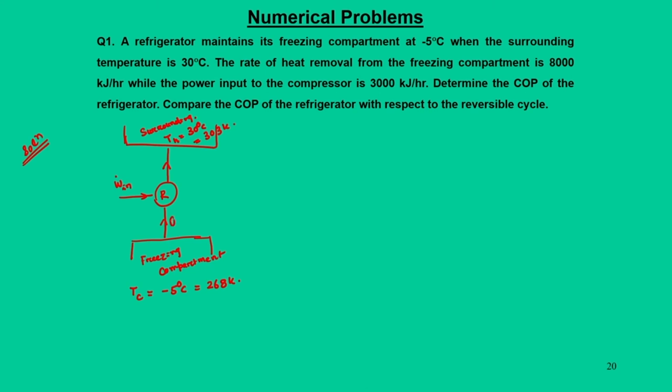So, you can say QC is the heat taken from the freezing compartment, QH is the heat that is getting rejected. So, you have to put a dot here because this is given as a rate.